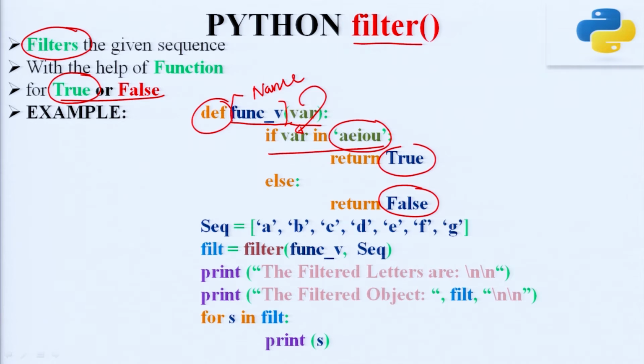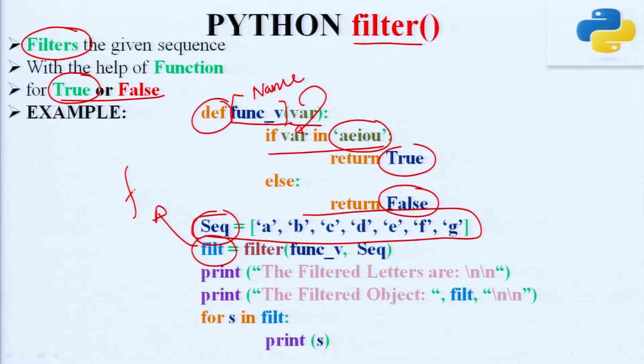Now the next thing is, we have this collection of data. This collection of data has a name, that is SEQ. SEQ is the variable which holds this collection of data, and now we are going to apply the filter function to it. Now how are we going to pass it? Look at this one. The very first thing we have defined is referred to as the filter object.